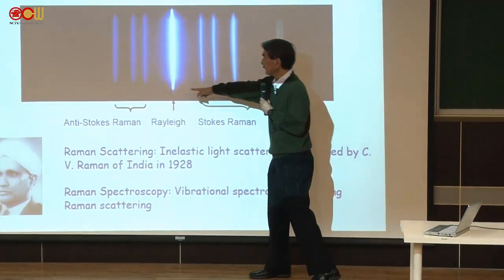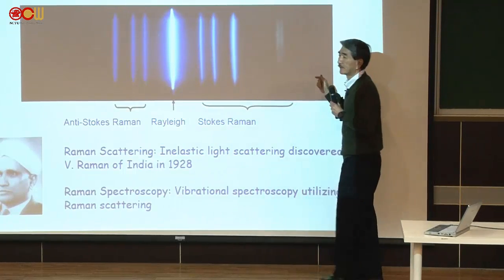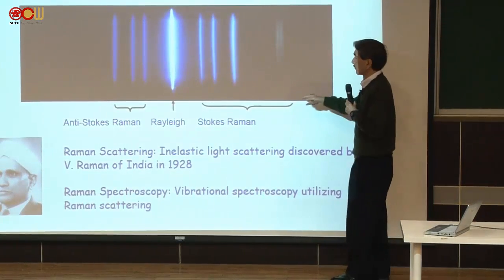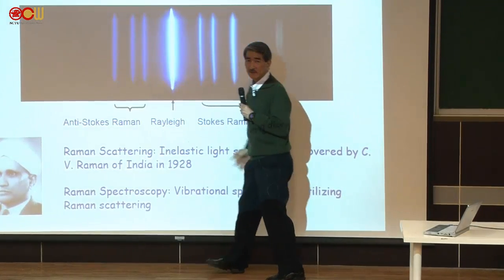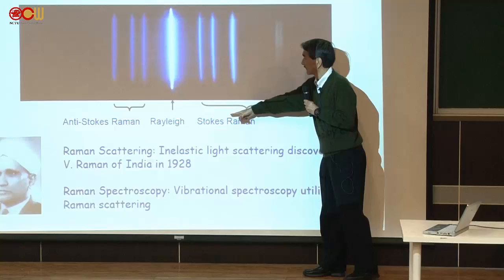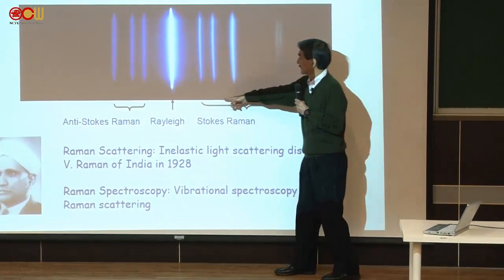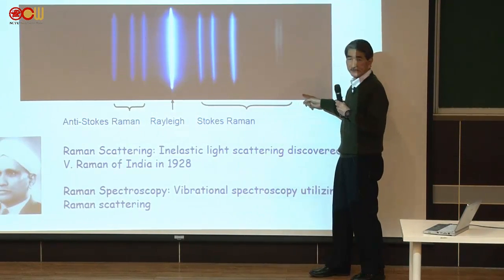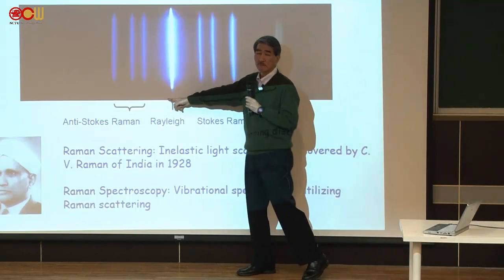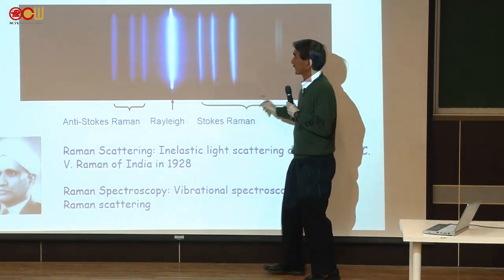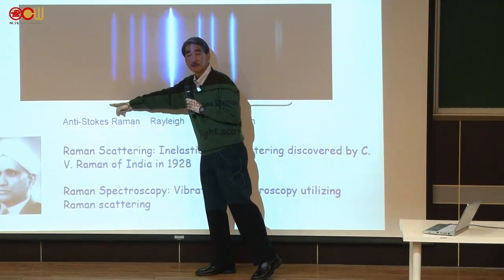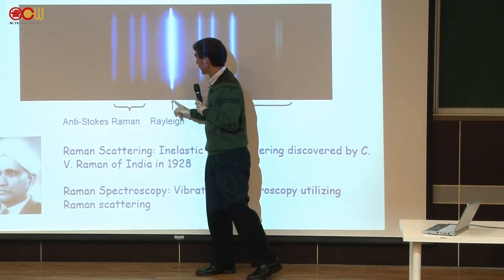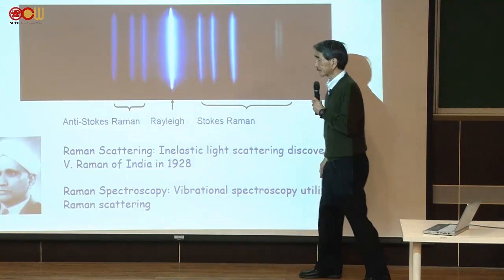Okay? So there are two groups of Raman scattering, which are called Stokes-Raman scattering and anti-Stokes-Raman scattering. In the Stokes-Raman scattering, it appears in longer wavelengths, shifted from the original wavelength. And anti-Stokes-Raman scattering appears in a shorter wavelength region than the original wavelength.